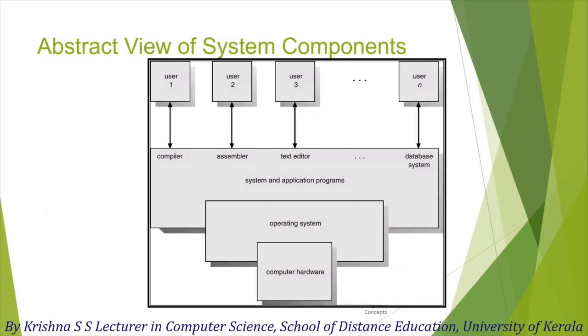Here user 1 is requesting a compiler, user 2 is running an assembler, user 3 may be using a text editor, and user n is using a database system. So there will be conflicting requests, a lot of requests at the same time from different users. So there is a manager, and the manager is the operating system. So this is the abstract view of system components.